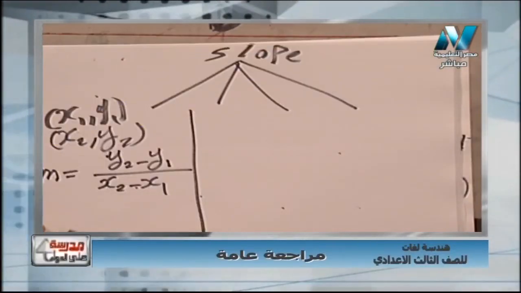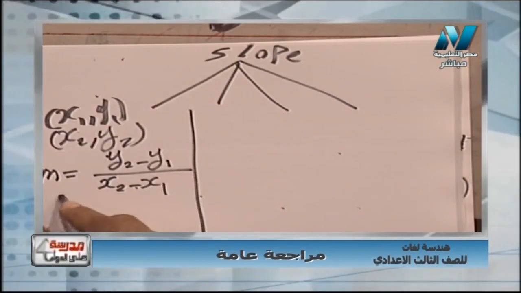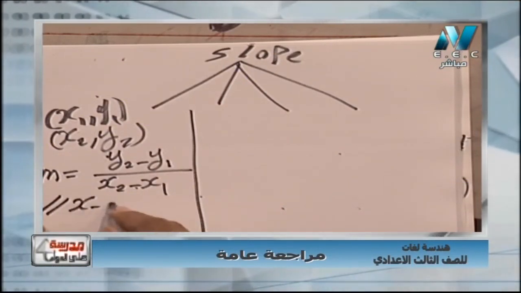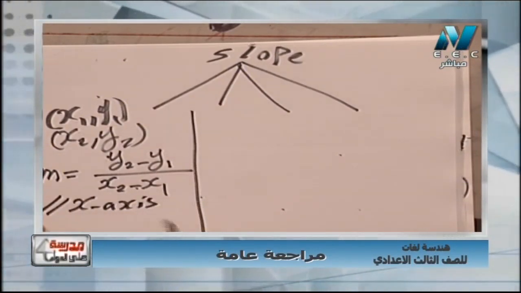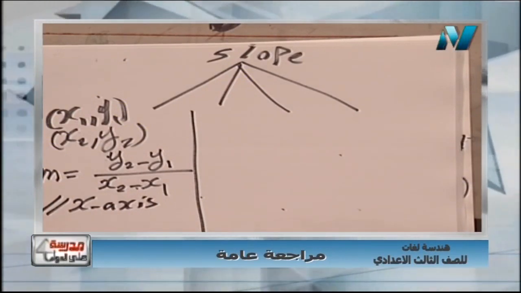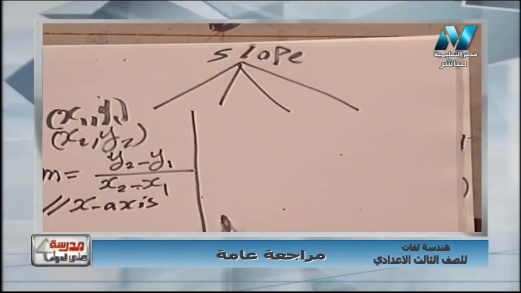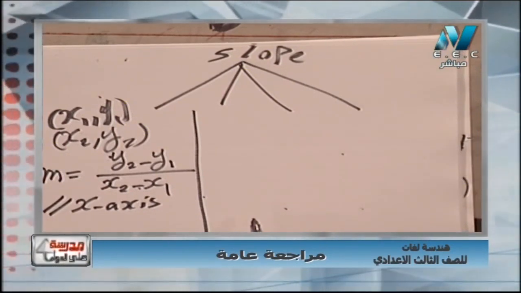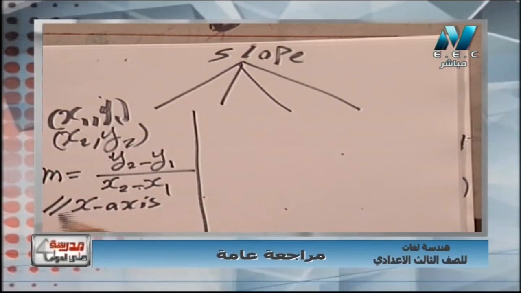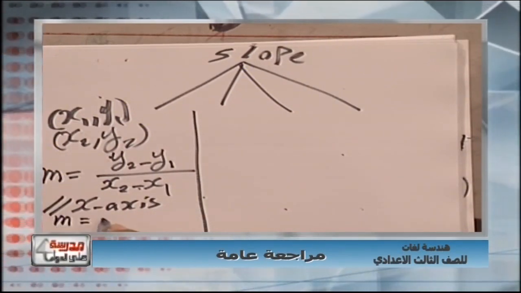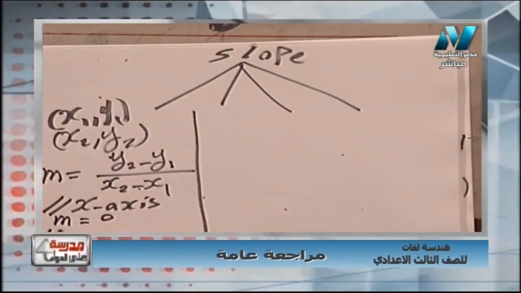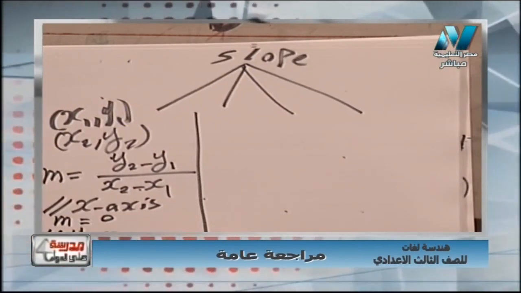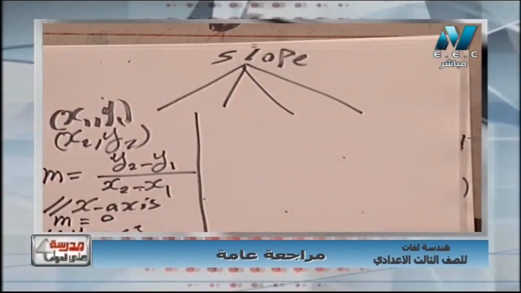If the line is parallel to the x-axis, the y component is constant, so there is no change in y, and your slope is 0. But if your line is parallel to the y-axis, there is no change in x.